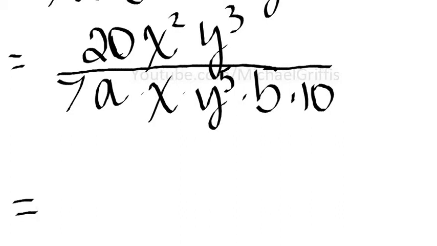We know that 10 goes into 20 2 times. So let's just go ahead and take care of that. So we'll put the 2 there. We have 2 x's, 1 x, that's going to reduce down to just an x.